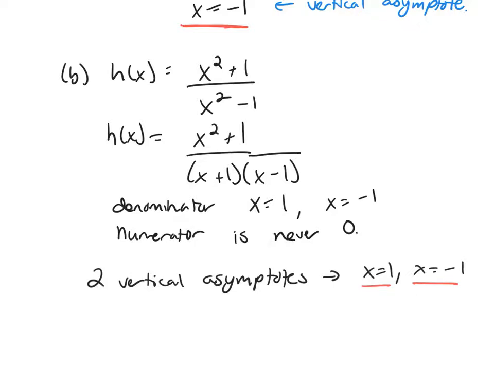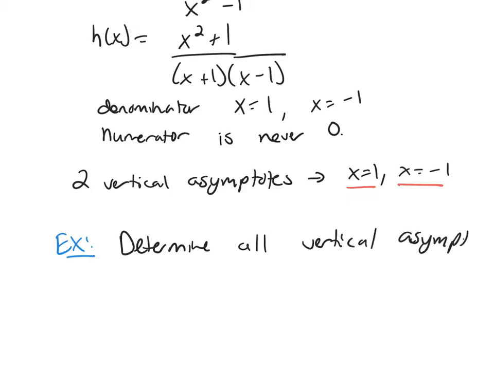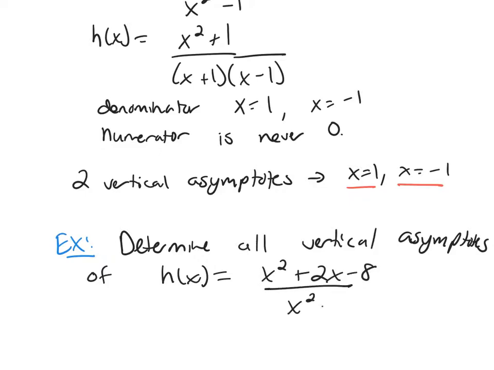All right, so let's look at one more problem. We're going to step it up a notch. I want you to determine all vertical asymptotes of the function h of x, which will be x squared plus 2x minus 8 over x squared minus 4.